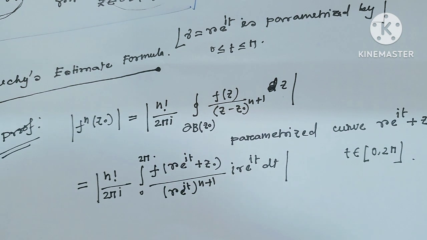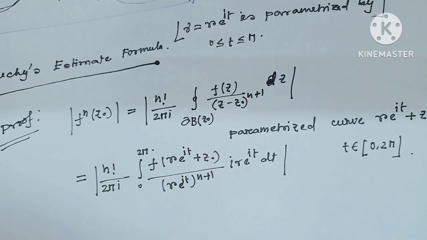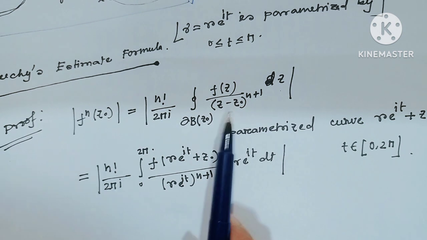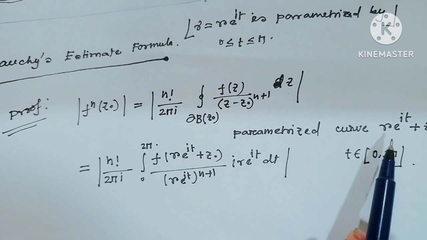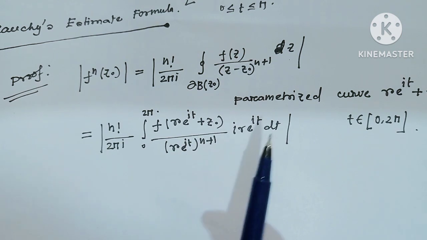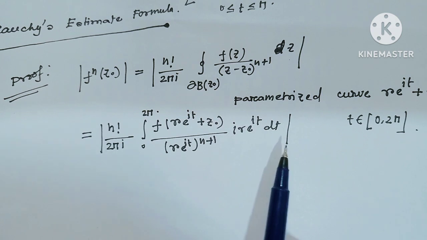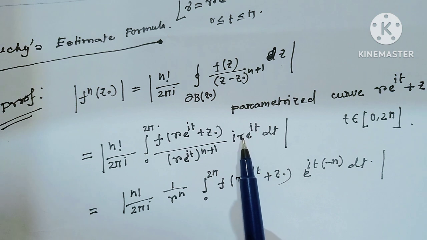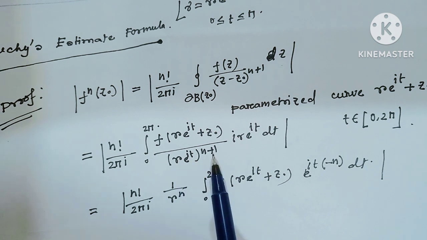if we parameterize the curve as r e^{it} plus z0, then this integration reduces to n factorial over 2πi times the integration from 0 to 2π of f(r e^{it} plus z0). Here z0 vanishes after putting it in, the denominator would be (r e^{it}) to the power n plus 1, and dz means i r e^{it} dt.